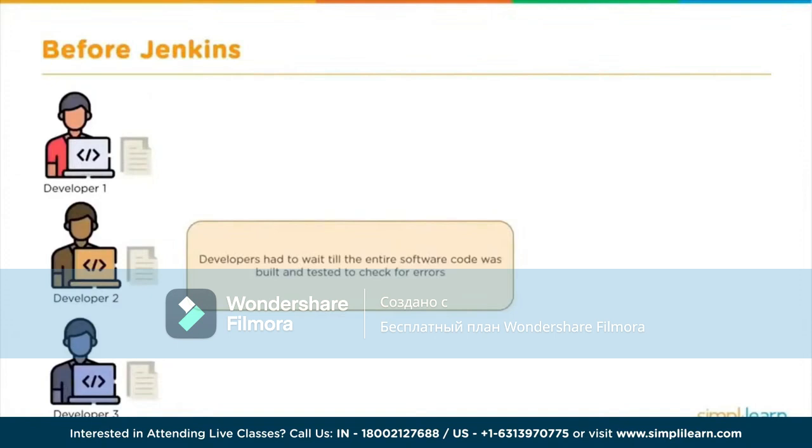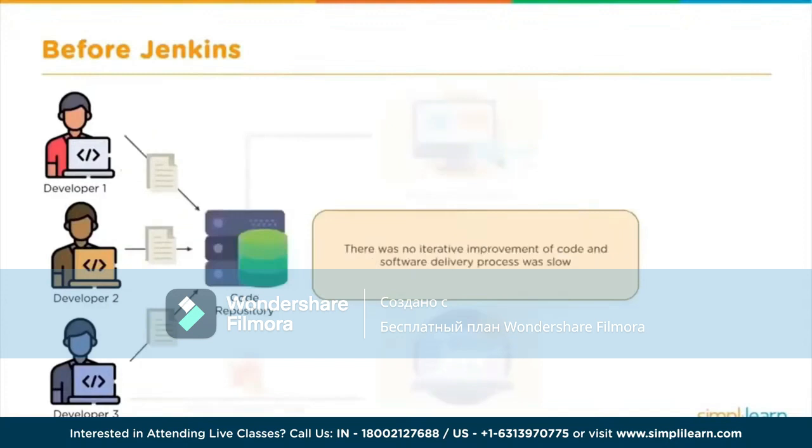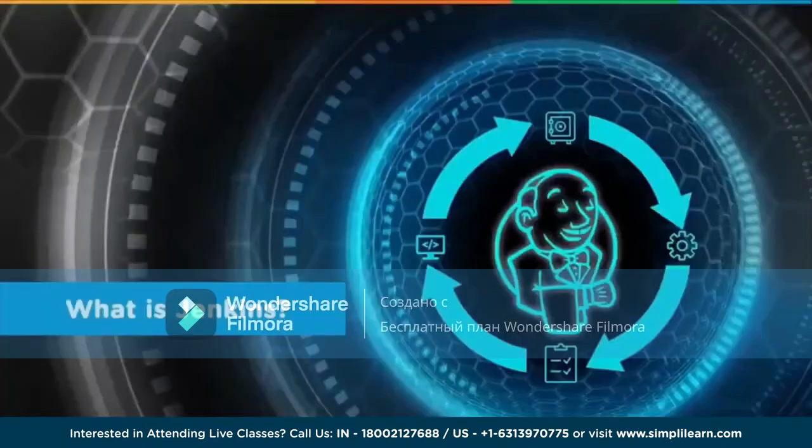And this just increased the amount of problems that you'd have in your project. The actual process of delivering software was slow. There was no way that you could actually iterate on your software. And you just ended up with a big headache with teams pointing fingers at each other and blaming each other. So let's jump into Jenkins and see what Jenkins is and how it can address these problems.